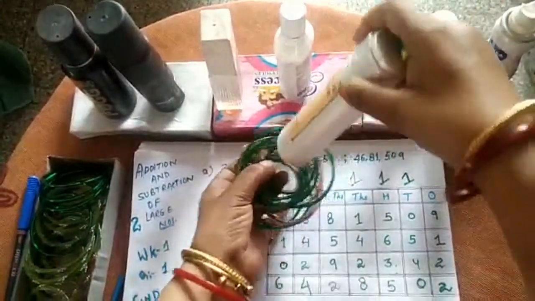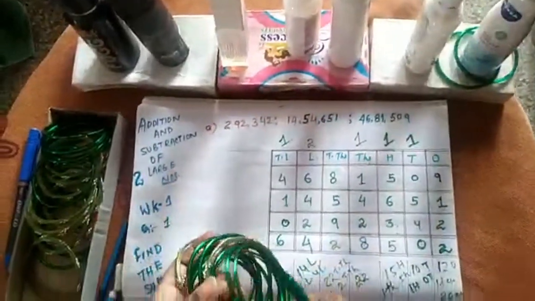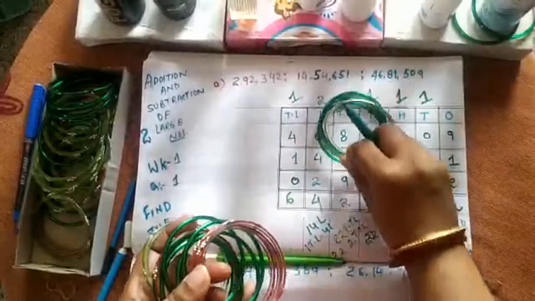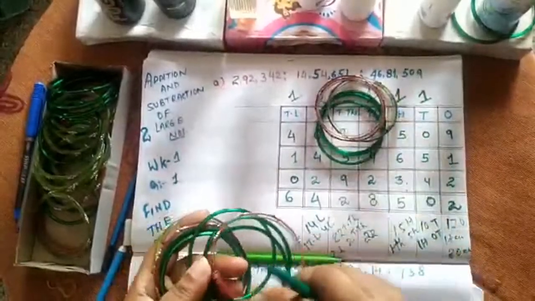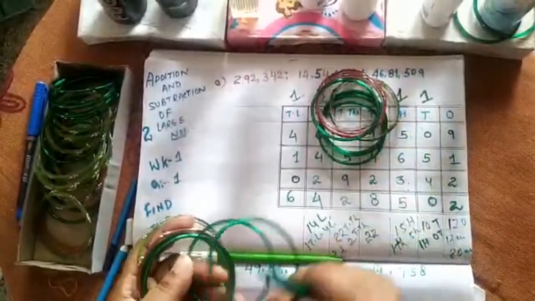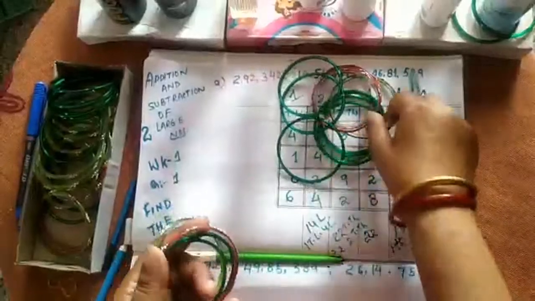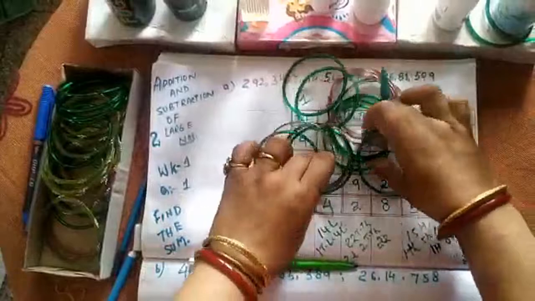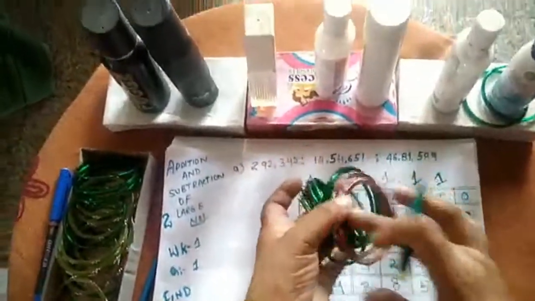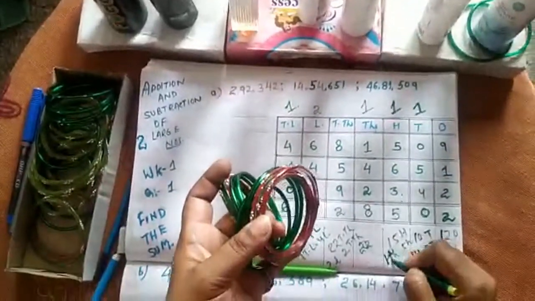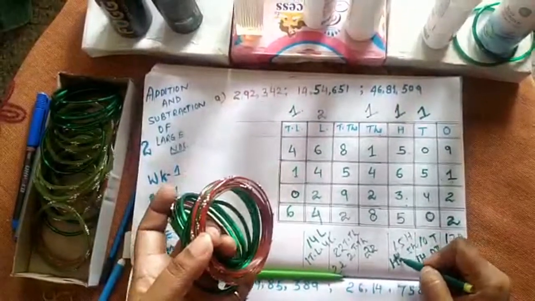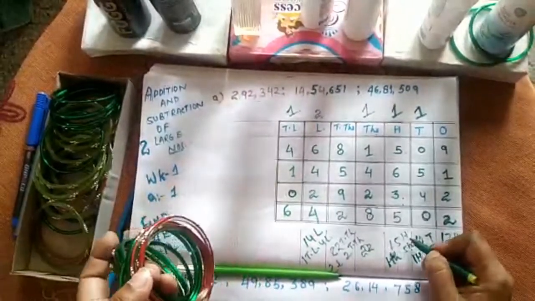Adding them together, how many bangles are there in the hundreds place? 1, 2, 3, 4, 5, 6, 7, 8, 9, 10, 11, 12, 13, 14, 15. So 1500. 1500 means 1000 and 500, because 10 hundreds make 1000.